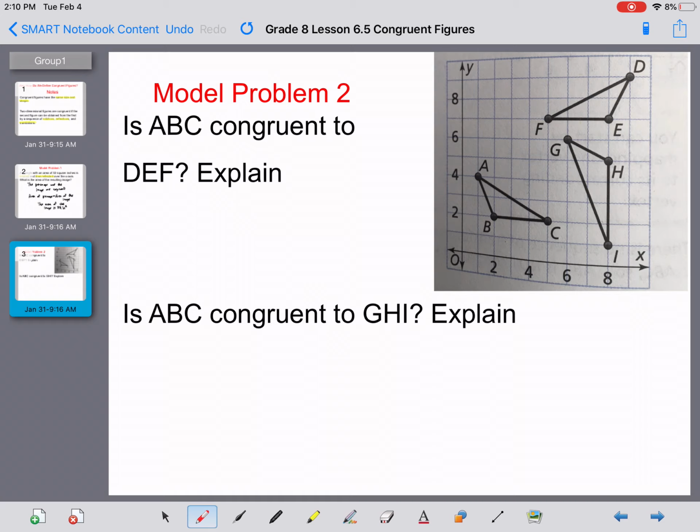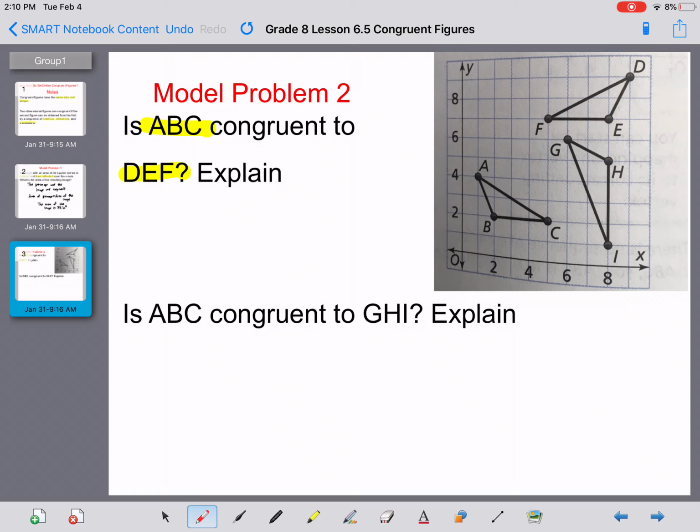So, in order for two images to be congruent, we have to be able to use a combination of translations, rotations, and reflections. So I'm going to answer this first one, ABC to DEF.